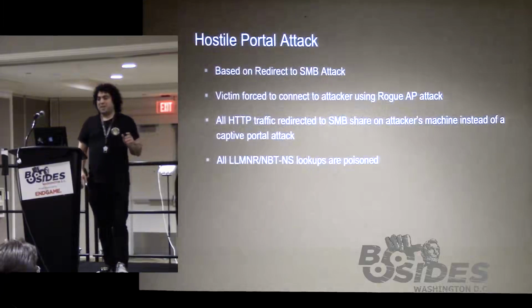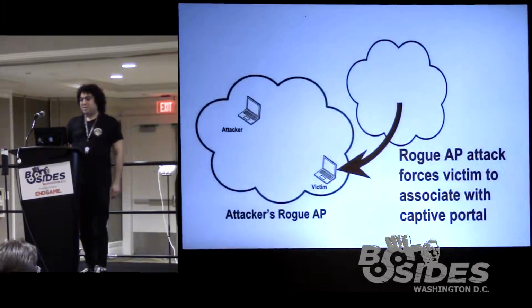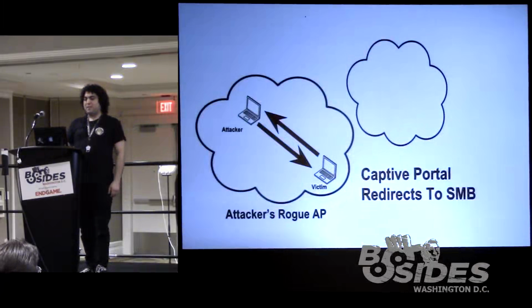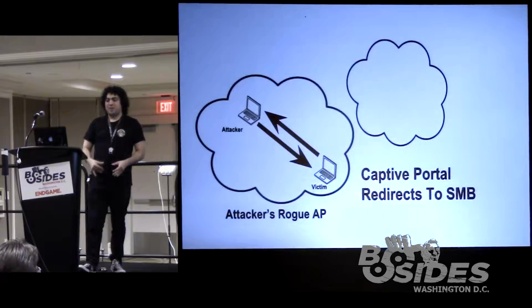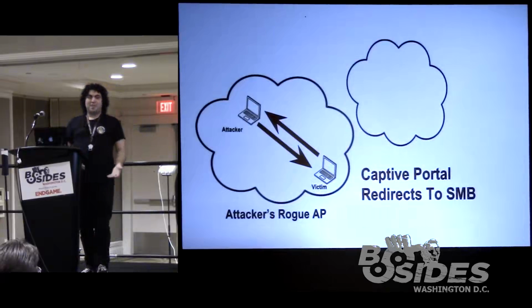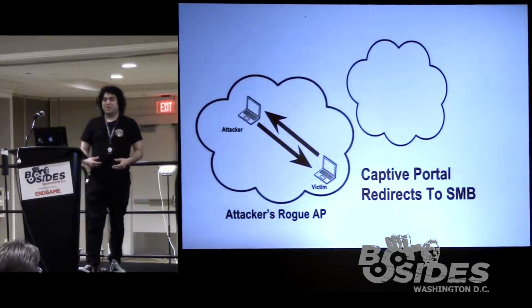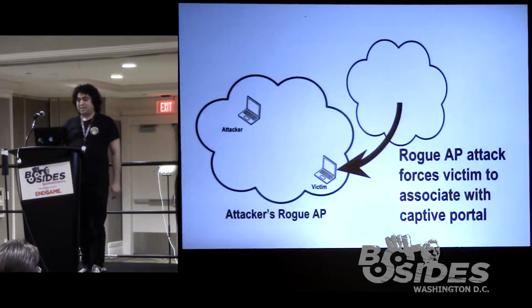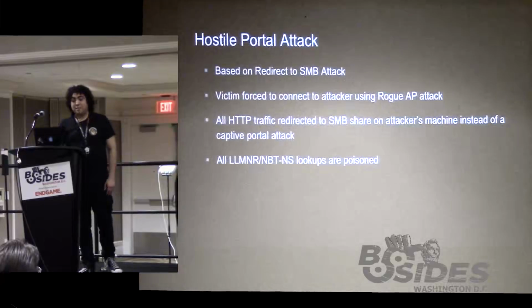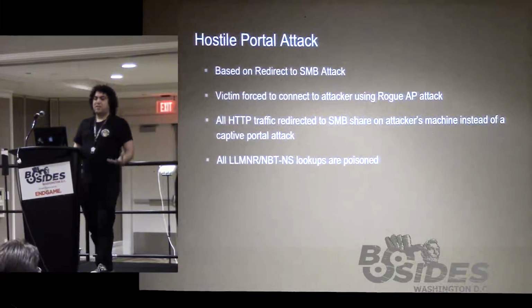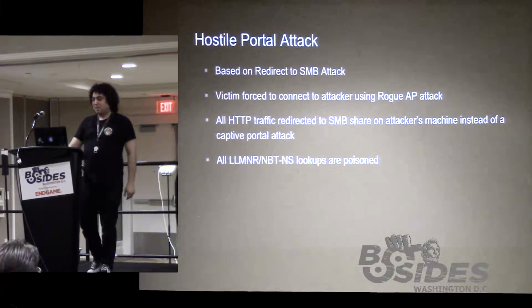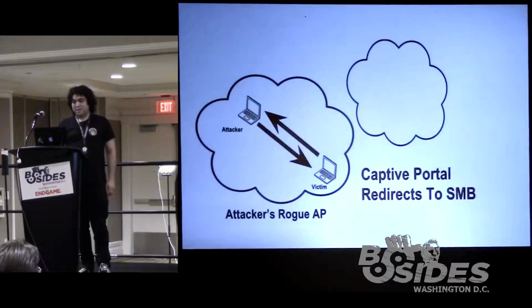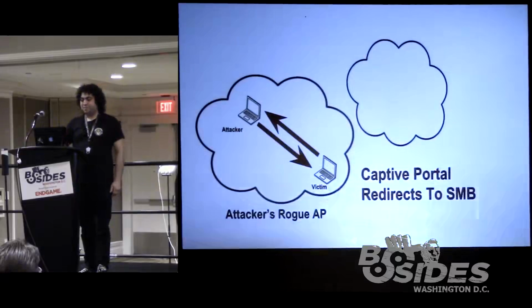So what happens is that the user is forced to connect to you, but instead of being redirected to a captive portal, they're forced to redirect to your rogue SMB server. And then they're forced to authenticate with you, and they give you hashes. So it's a really fast way to grab hashes. In addition, in case they happen to be idle at the time, you can also poison LLMNR and NBT-NS in the background. So you can also attack them that way simultaneously.